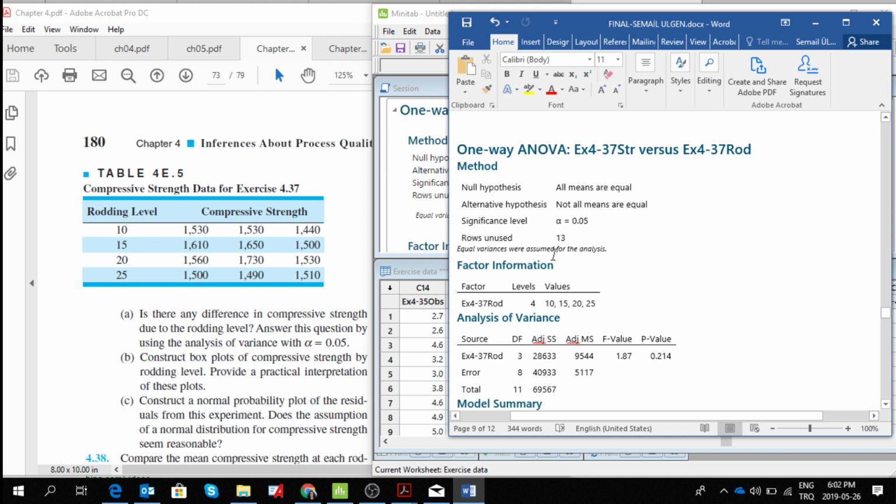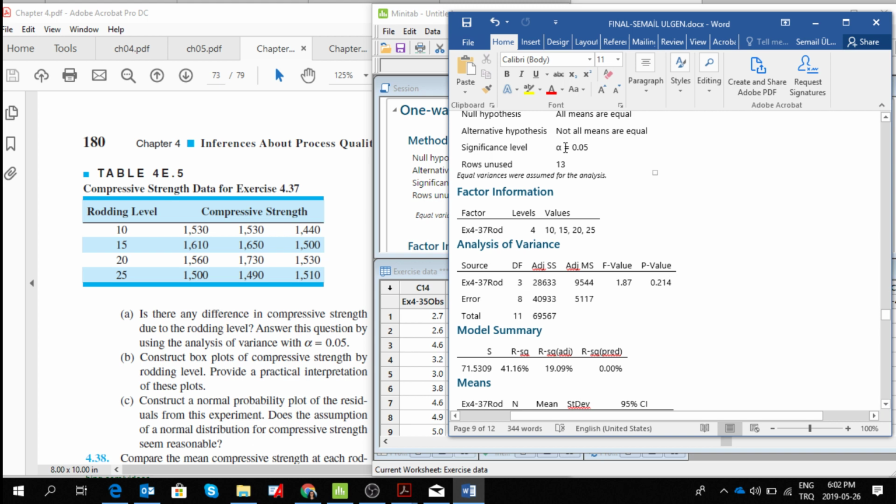We assume equal variances because there is no information about this, to keep it simple. Factor information: there are 4 levels, which are 10, 15, 20, 25, and we get that from this data set.